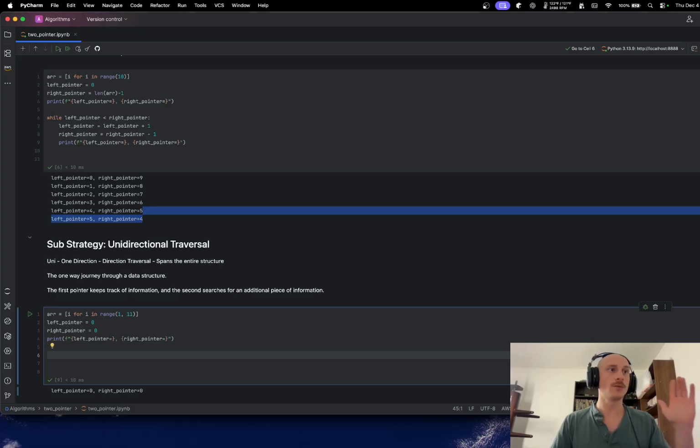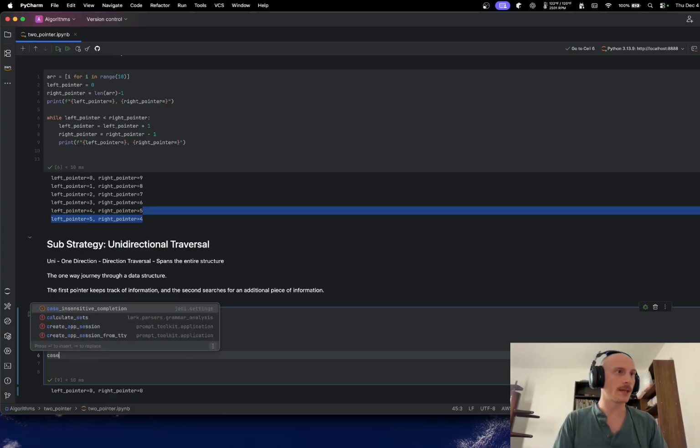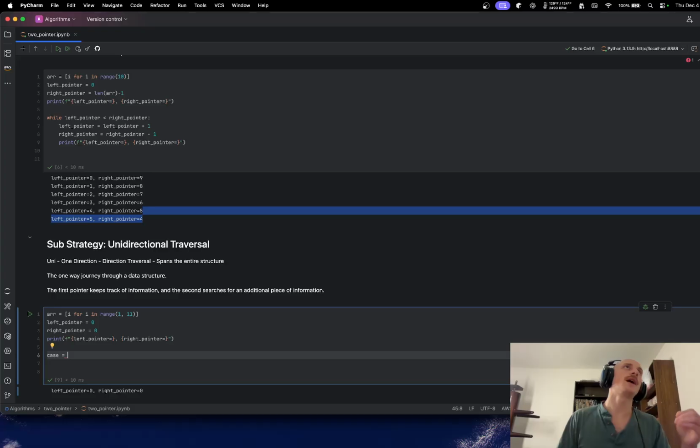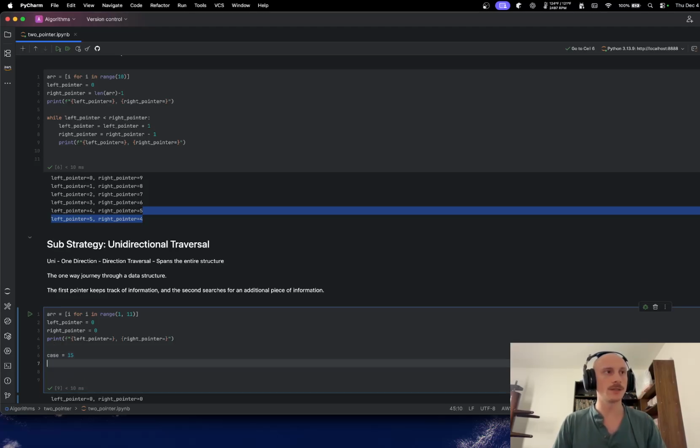So we want to find a combination where our numbers add up to a particular thing. Our case is going to be: let's find two numbers that equal 15. We're going to find the first two numbers that come out to 15.